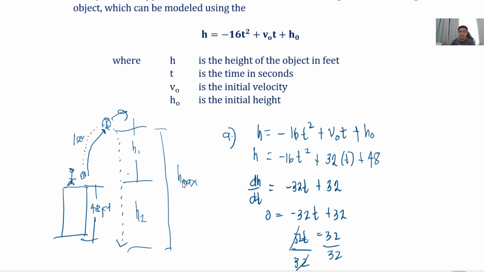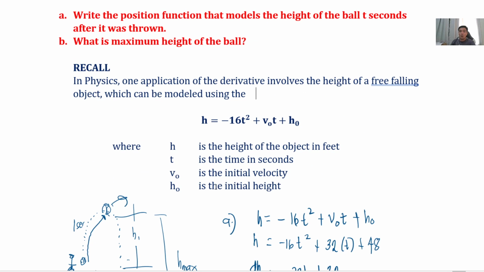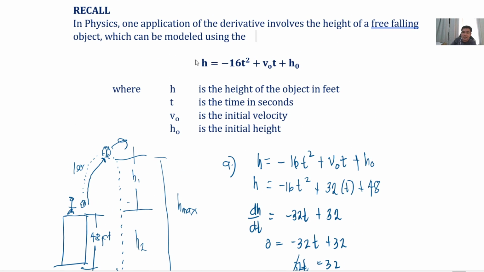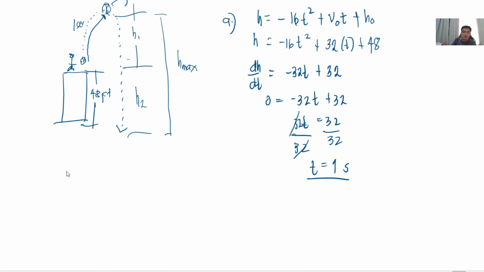Okay? And then, to get the maximum height, that is for question letter B, what is the maximum height of the ball? Siyempre, ano yung maximum height, class? Ito yung position function natin. We just substitute now that 1 second into the original position function. So, h is equal to negative 16t squared plus v0t plus h0.